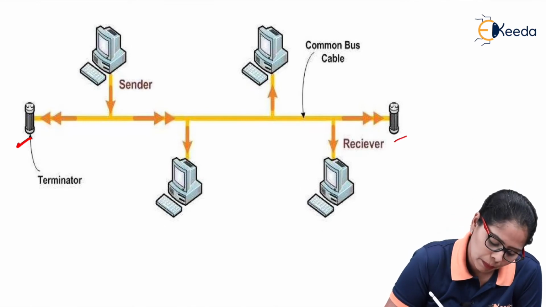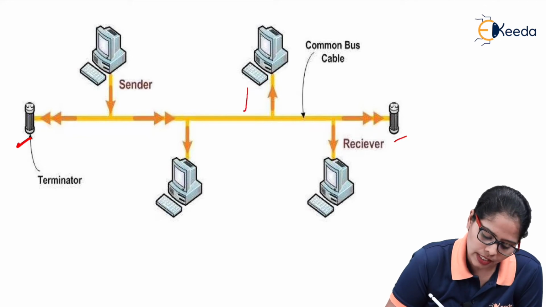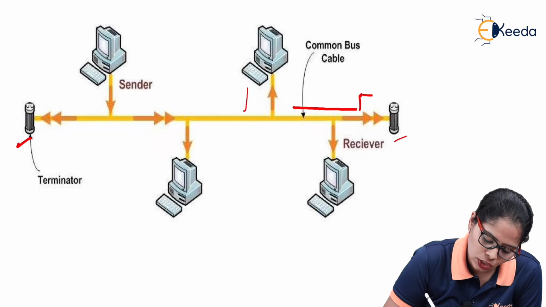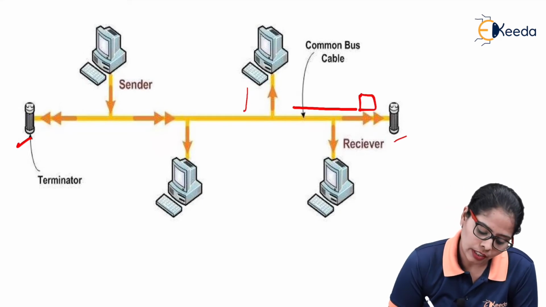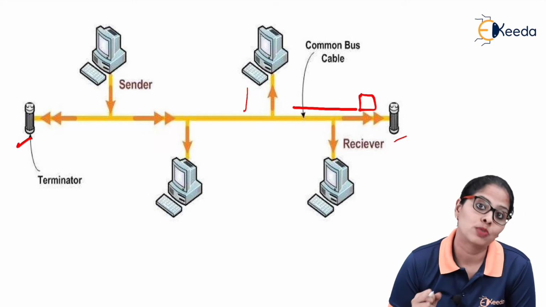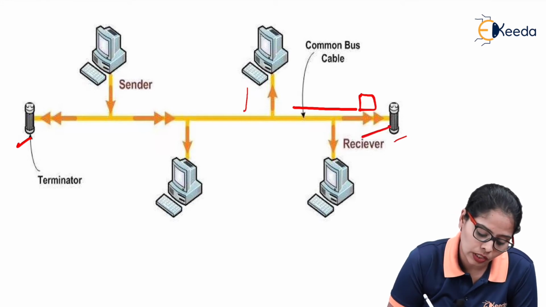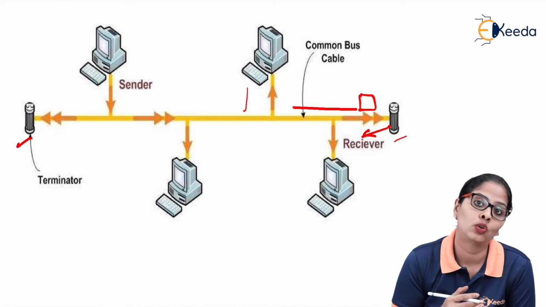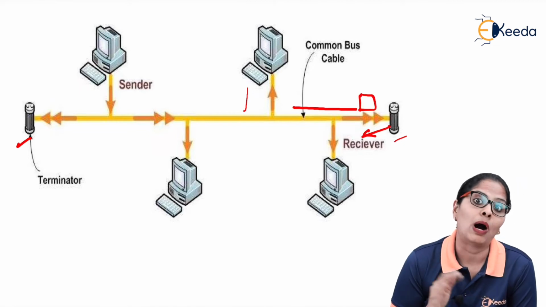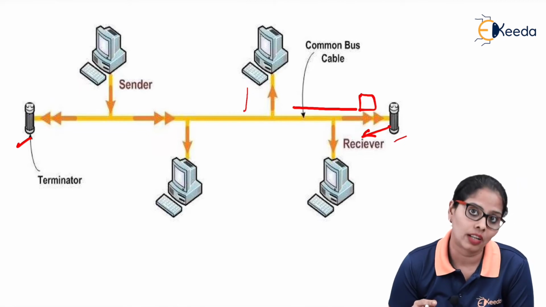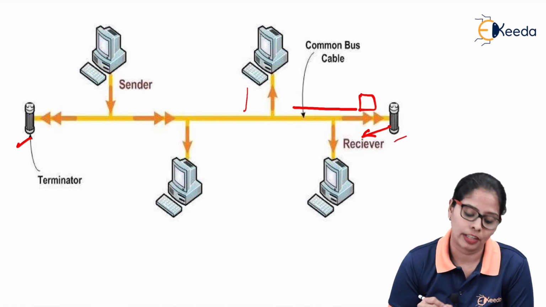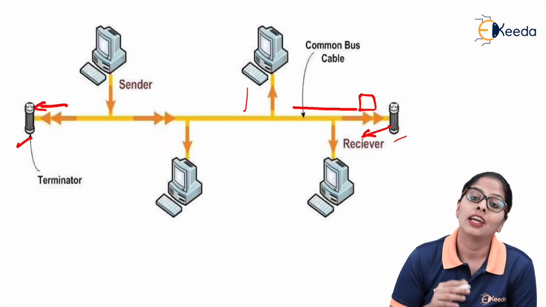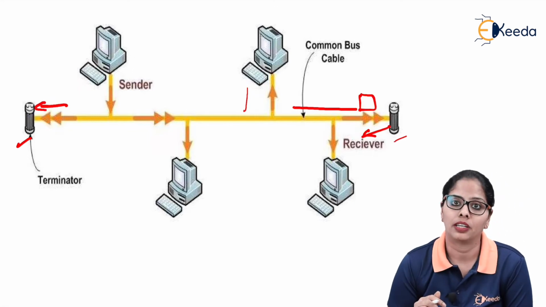For example, any packet sent by this computer finally reaches the end over here. Then the terminator absorbs that packet. It does not allow that packet to come back onto the same cable, meaning signal bouncing is not allowed. So signal bouncing is avoided by the terminator. If any packet comes to the end, it gets absorbed by the terminator.